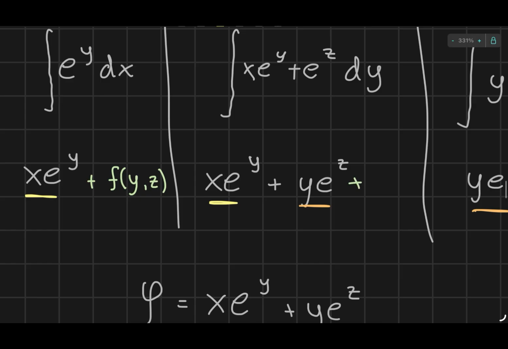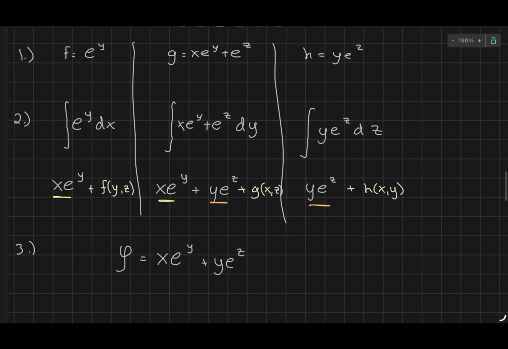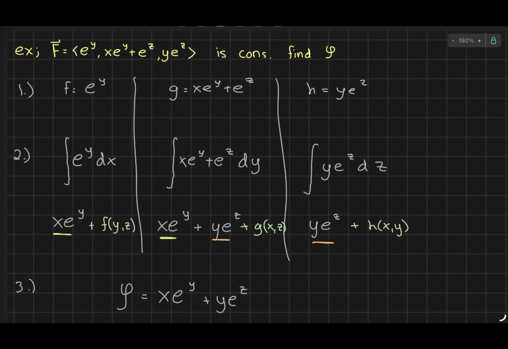So each of these is essentially going to have their own little possible functions, the constants of integration of the variables that weren't integrated in or taken partials in. And that's essentially going to be our constants of integration, but what we're doing is integrating all three of these, x, y, and z, so our f, g, and h.